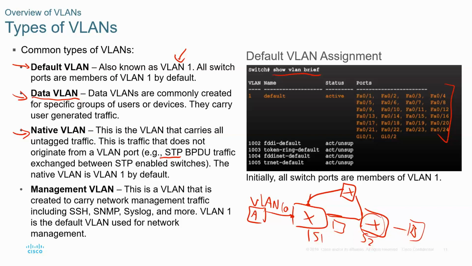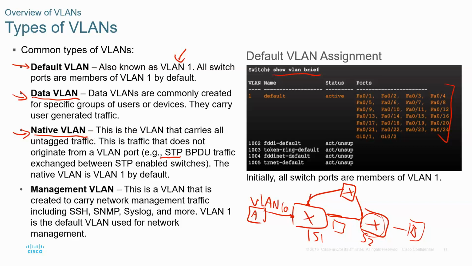The native protocols that are running in the switches generate traffic and they are sent over the links, and they should not have a tag that is part of any data VLAN. So we assign a specific VLAN ID to this particular type of traffic, and it is called the native VLAN.